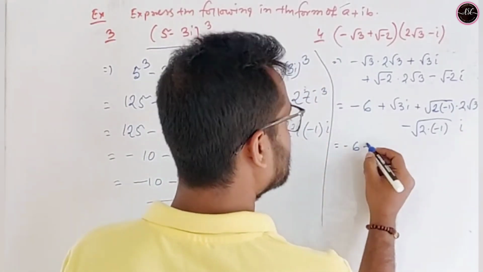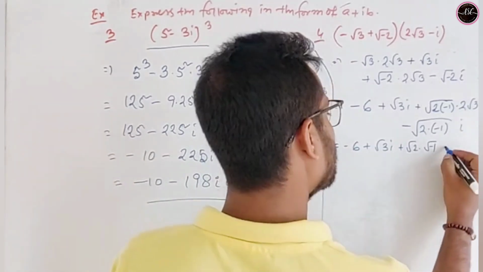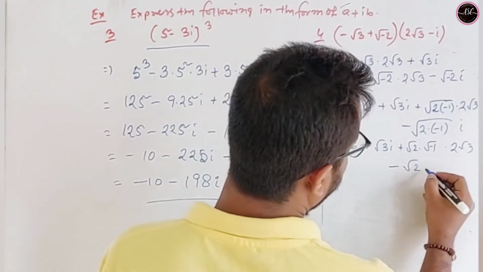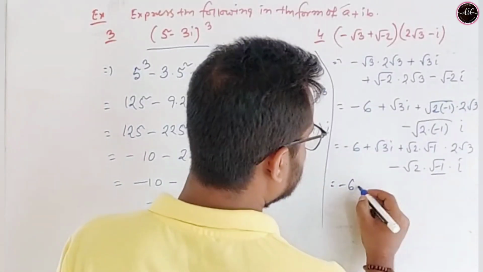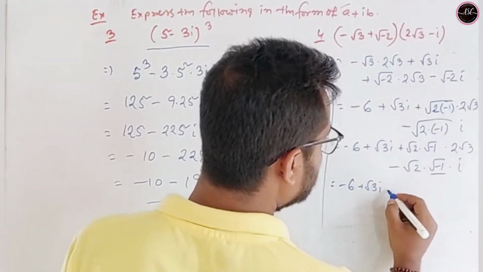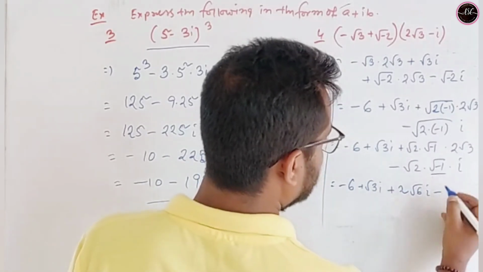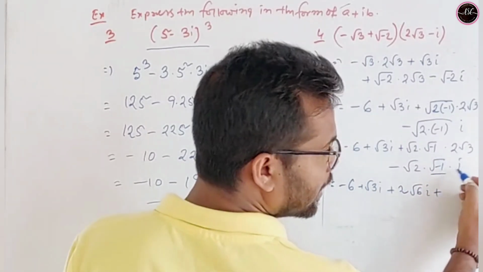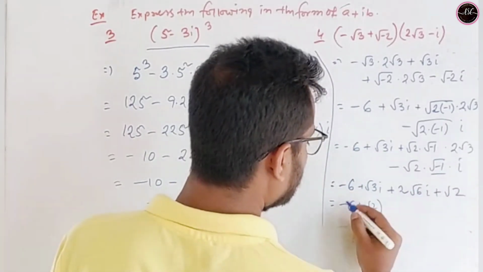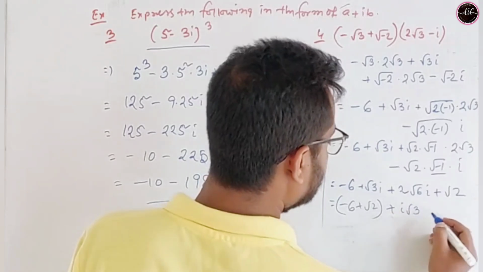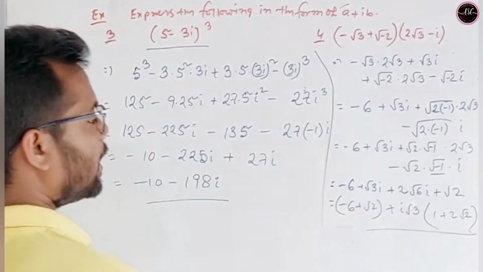So minus 6 plus root 3i plus root 2 dot root minus 1 dot 2 root 3, and here also root 2 dot root minus 1 dot i. So this can be written as minus 6 plus root 3i, and this is the value of 2 root 6i, and i square equal to minus 1 plus root 2. So this can be written as 6 plus root 2 plus i of root 3, if we take i root 3 common, therefore 1 plus 2 root 3 root 2. Okay, this will be the answer.